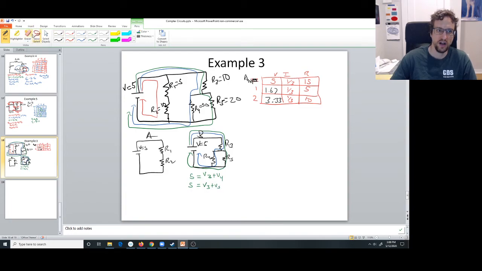And then current-wise, we have current coming out of the battery, and all the current that comes out of the battery goes into I3. So I battery equals I3. And then it comes out and goes through those two. So that's equal to I4 plus I5.